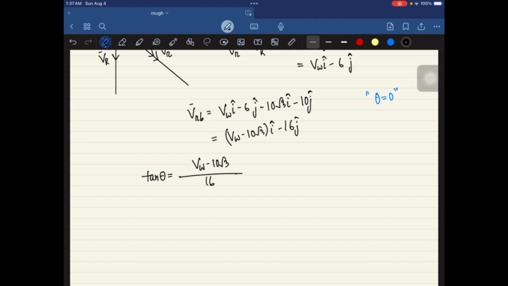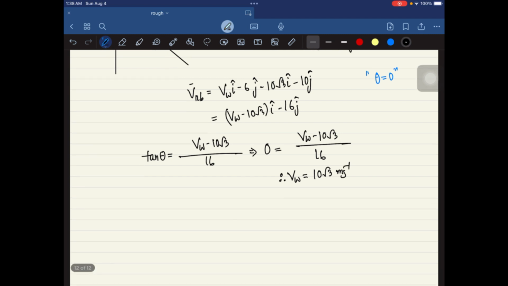Okay, fine. So now tan theta is 0, because theta is 0. So 0 is equal to VW minus 10 root 3 divided by 16. So VW is equal to 10 root 3 meters per second.